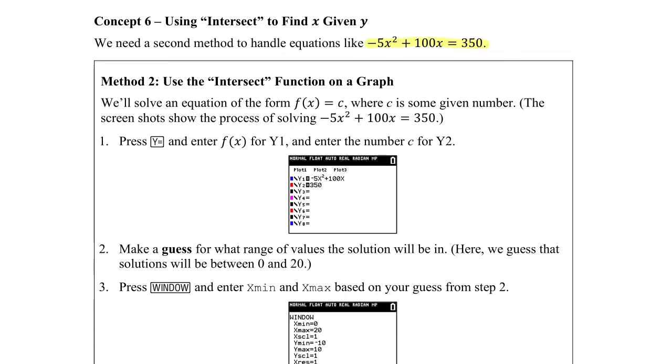So that's the function we've been working with, asking what price should they set to get a revenue of $350. And we have detailed step-by-step instructions with screenshots here. But I'm going to walk through this on the calculator rather than just reading these.